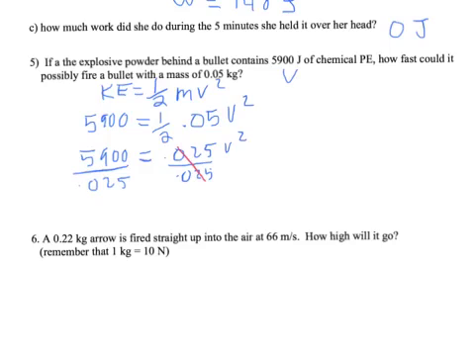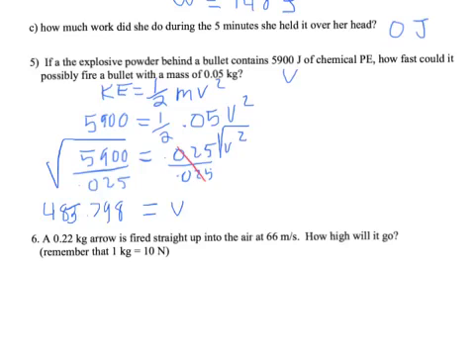But now I'm still left with v squared, and I don't want to know what v squared is, I want to know what v is, so I had to take the square root of both sides. So I'm just going to take my calculator and say square root of 5900 divided by 0.025. And when I do that, what I'll find is that v equals 485.798 meters per second.